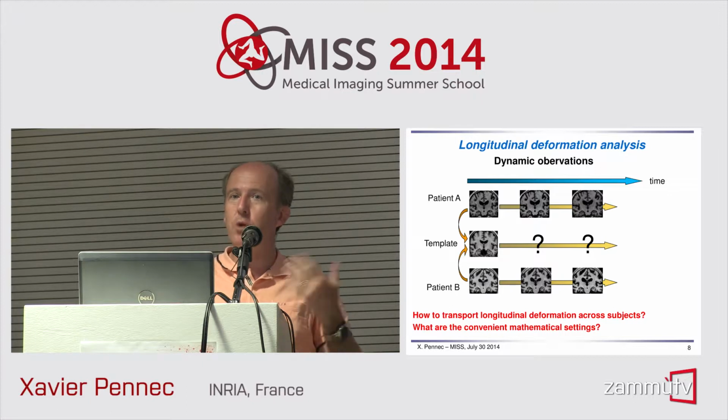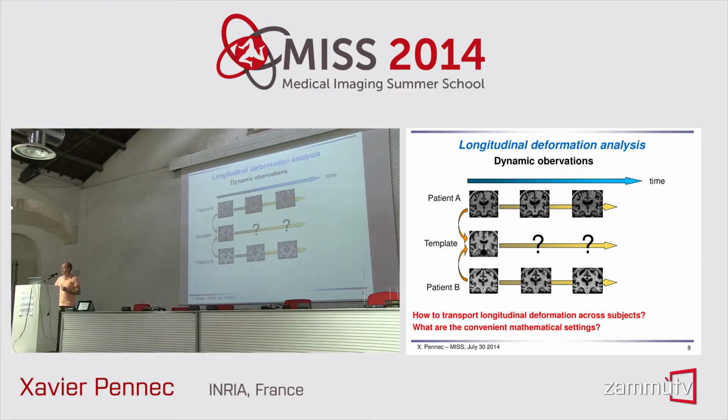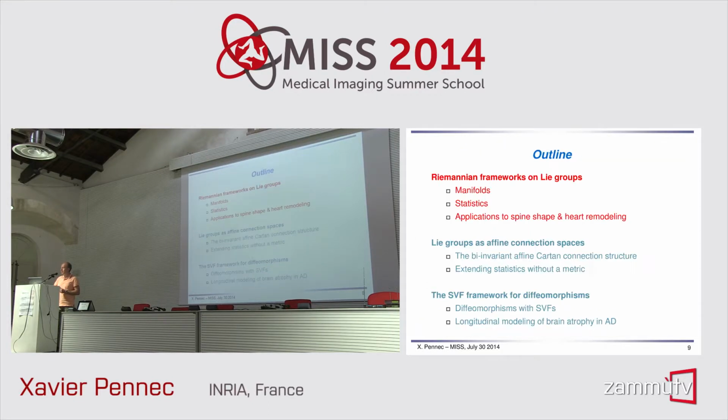We need to transport. And here there is a choice. How do we transport? And we need to have numerical techniques to do that behind. So the question here is how to transport longitudinal deformation trajectories, and once again, is there a convenient mathematical setting to do that?